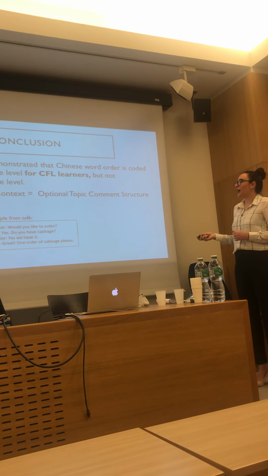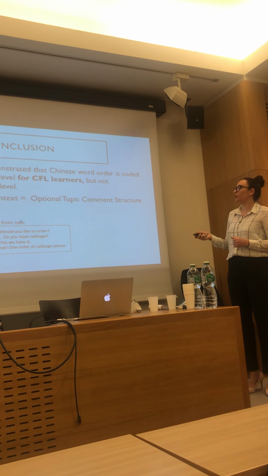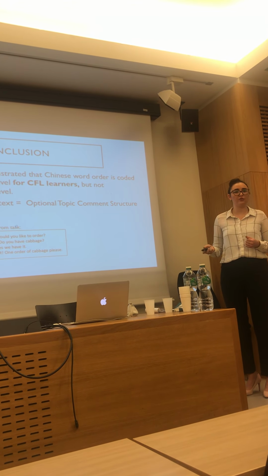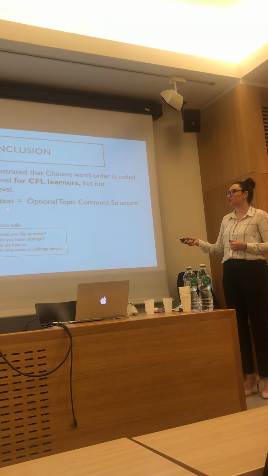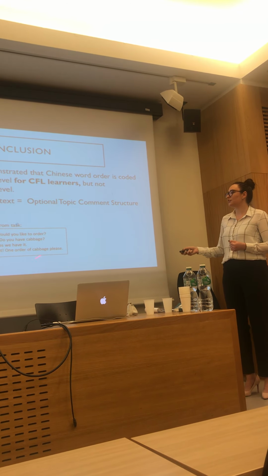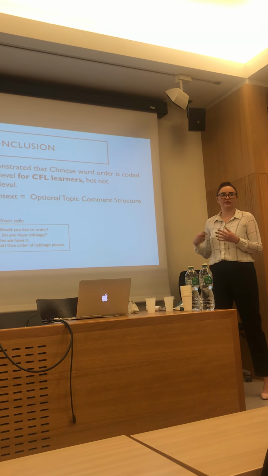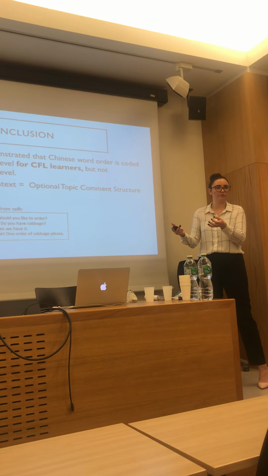So some conclusions that I have: the findings of this study demonstrate that Chinese word order is coded grammatically at the sentence level for CFL learners, but not pragmatically at the discourse level. And so subject verb object plus actual situational context equals optional topic comment structure. For this scenario, for example, the cabbage is the most prominent thing that reflects the real world, right?